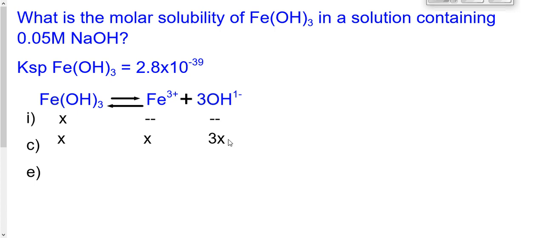But there's more going on than just iron hydroxide breaking down. We also have to deal with the sodium hydroxide. So off to the side and into the same pot, we're going to consider what's happening with sodium hydroxide when it goes into water. Sodium hydroxide is considered a very soluble salt. When salts are very soluble, we use a one-way arrow.